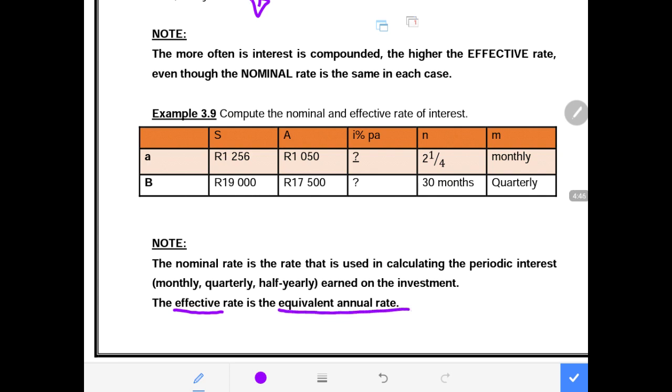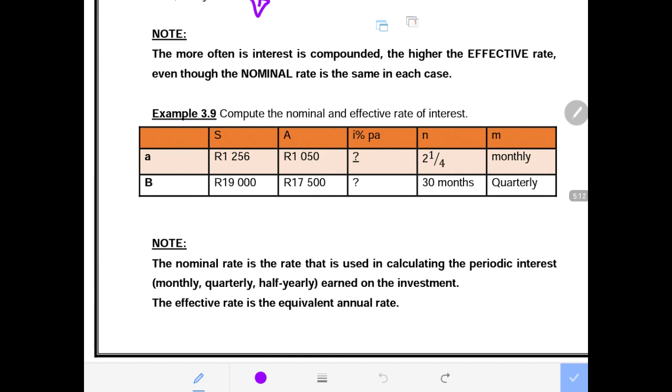So it is the rate for the year. In the previous scenario that we dealt with, in the first one our effective rate was 6.09%, which was the annual equivalent of the nominal rate, but it was higher because of the number of compounds.